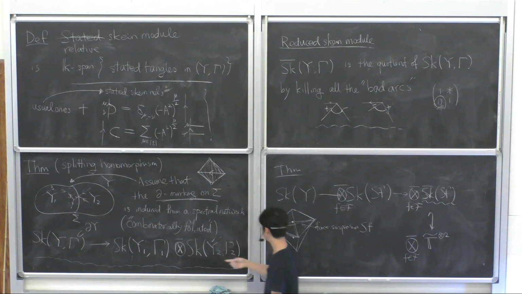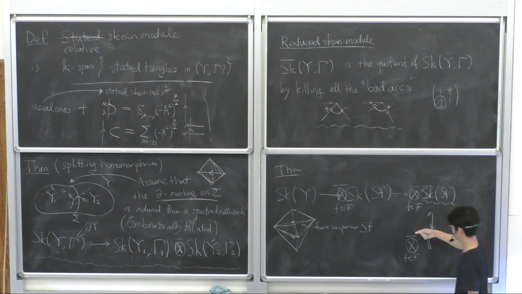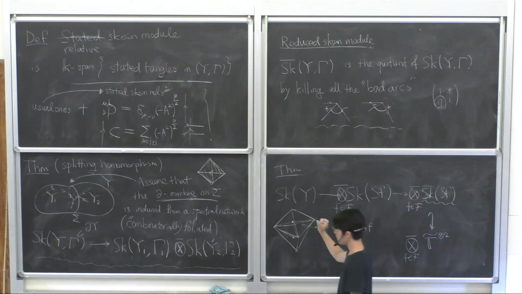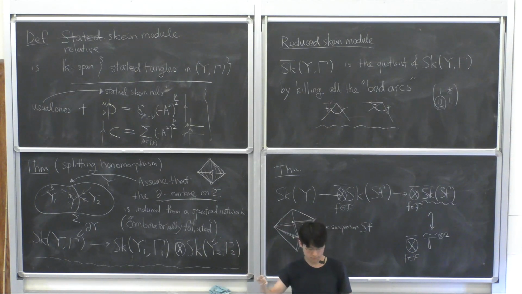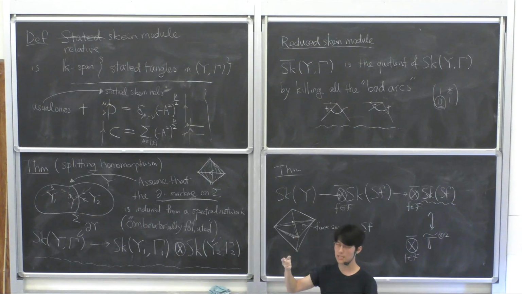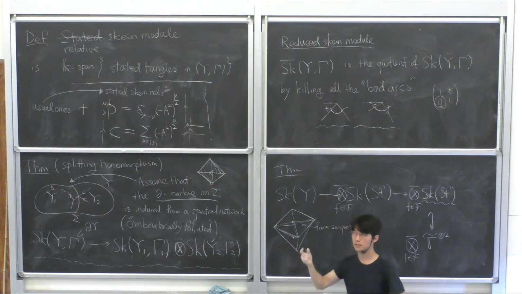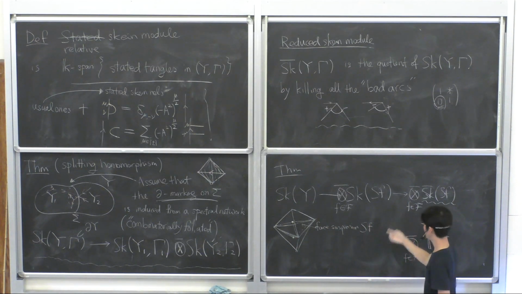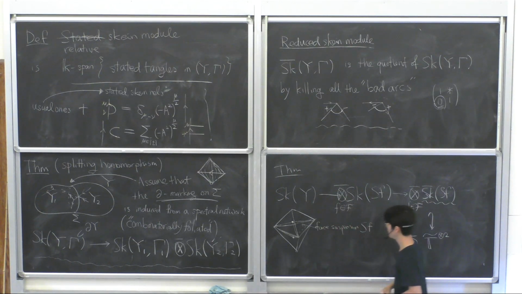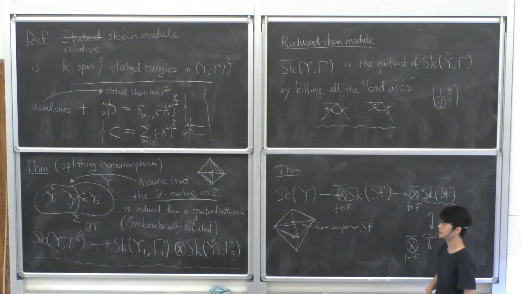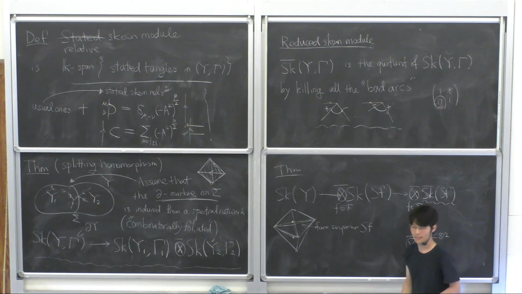Those relations can be translated exactly to the quantized relations satisfied by the quantized shape parameters in the quantum gluing module. So this is the map we constructed. And with that, let me finish. Thank you.